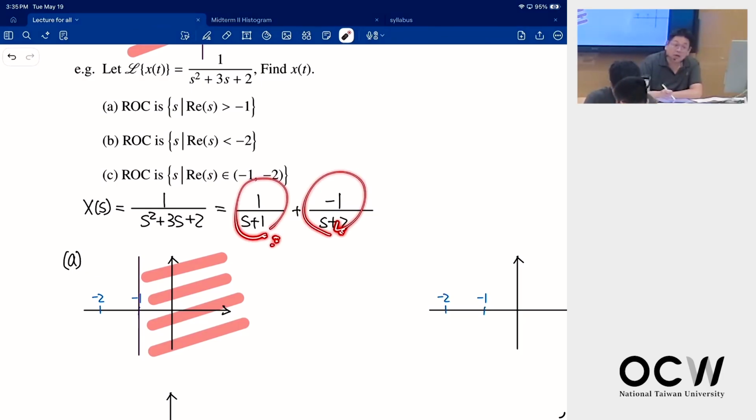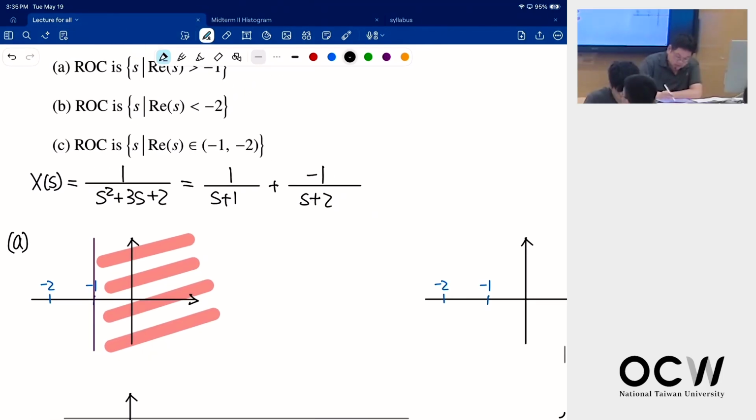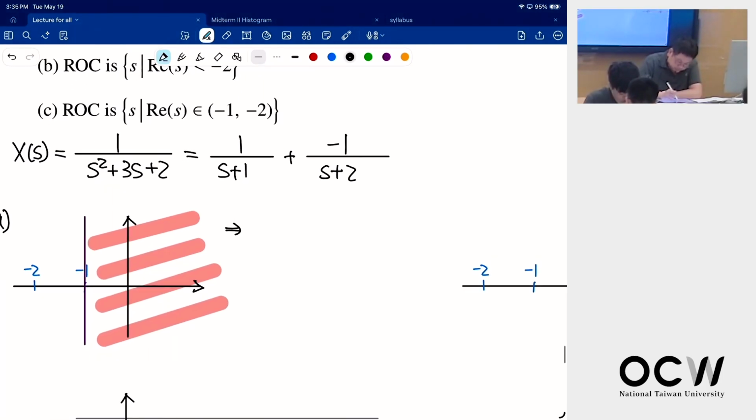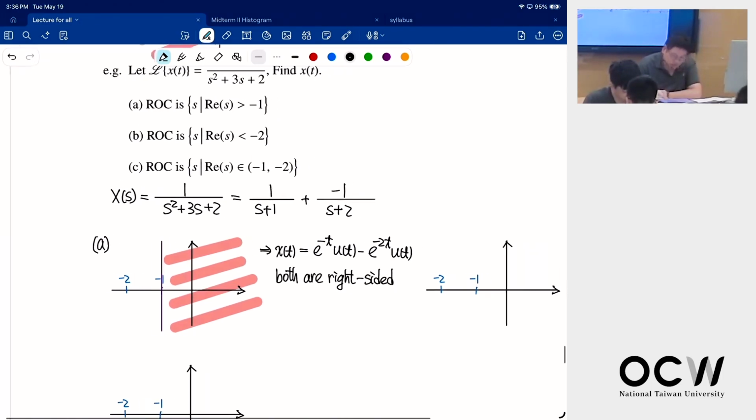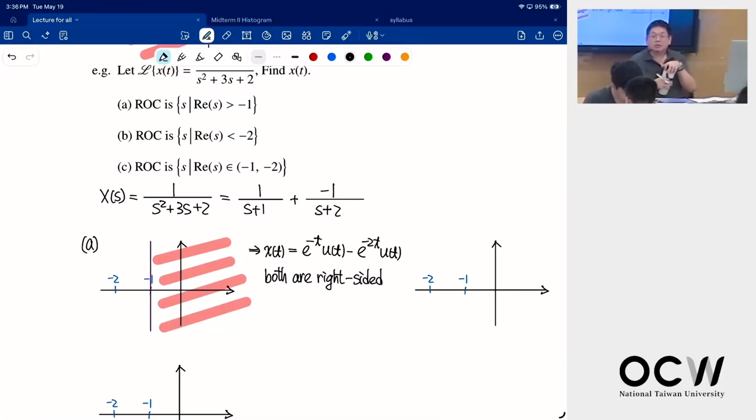Okay? x is e to the minus t u(t) and minus e to the minus 2t u(t). So they are both right-sided signals.